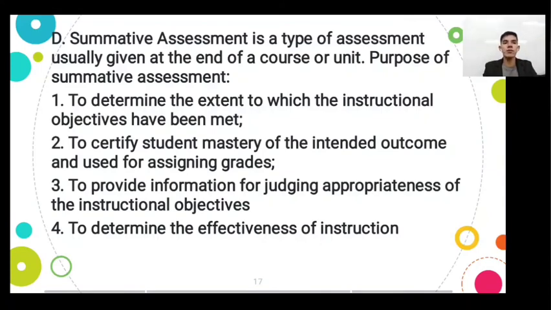Kasi sometimes you put objectives even na hindi mo naman madidiscuss yung lesson na yun. Okay? So, you put objectives that are not appropriate. Paano ko sinabing appropriate? Diba?